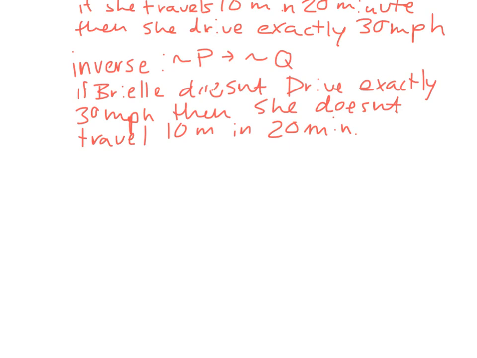If Brielle doesn't drive exactly 30 miles per hour, then she doesn't travel 10 miles in 20 minutes. Is this true or false?